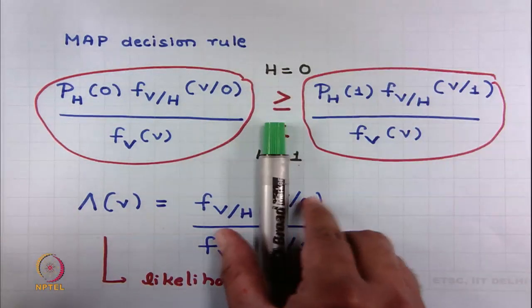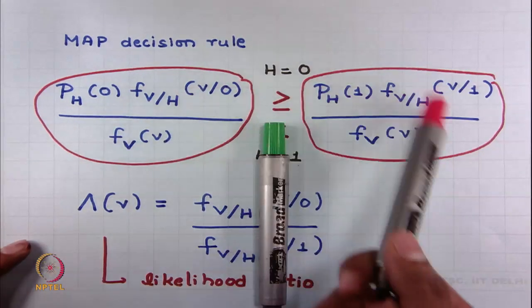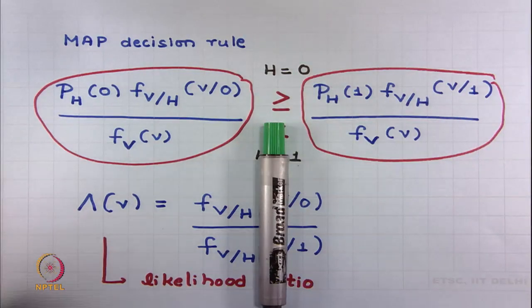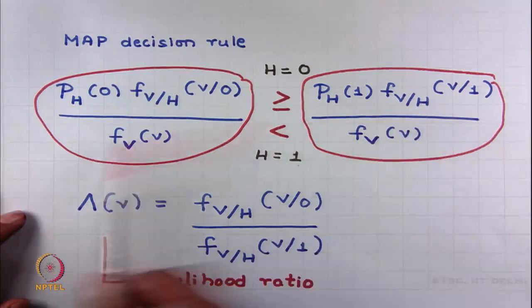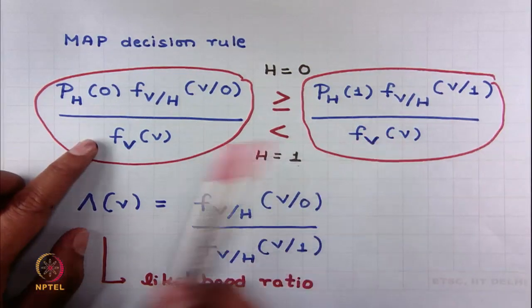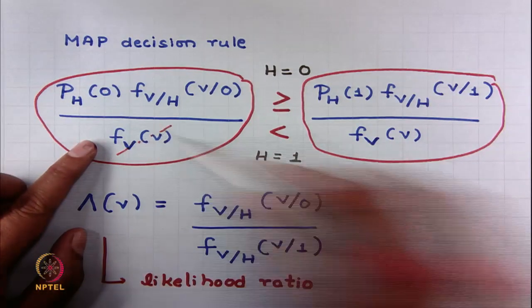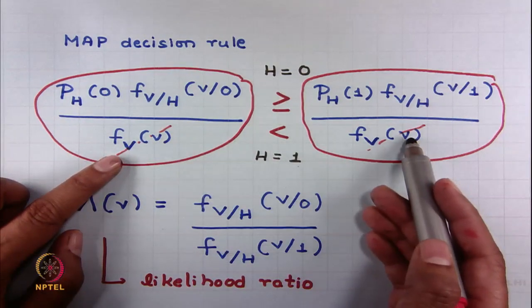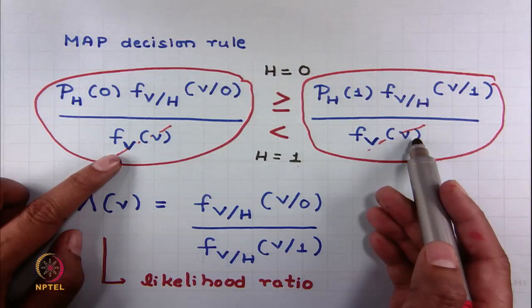If posteriori probability of 0 is greater than posteriori probability of 1, choose the hypothesis to be 0. And we can simplify these things a little bit more, because this and this do not depend upon the hypothesis. We have said this before. So, this is really redundant.